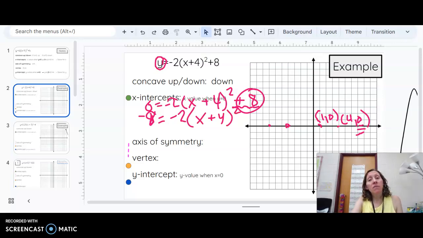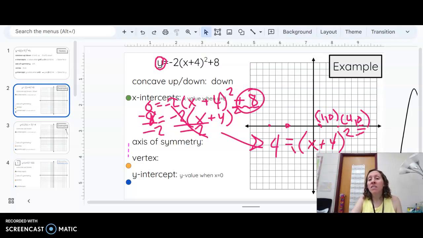Now we want to get rid of that coefficient, so we're going to divide both sides by that negative 2. This will give us 4 equals, we no longer have that coefficient in front, so now we have (x plus 4) squared.